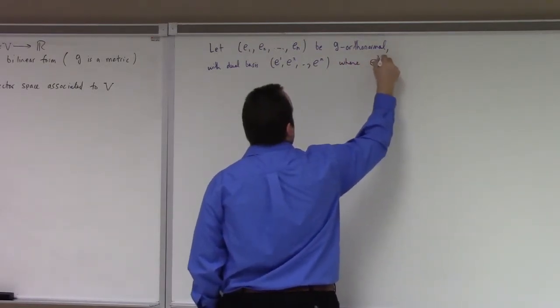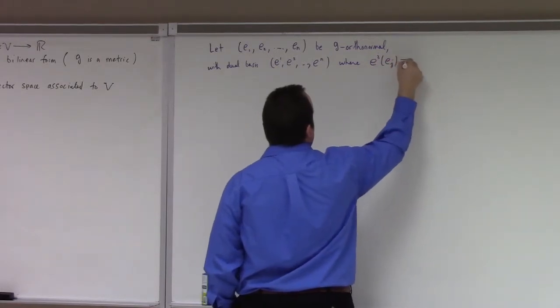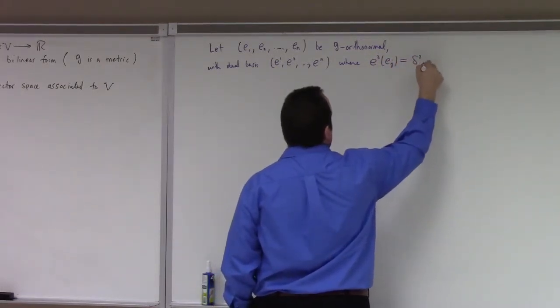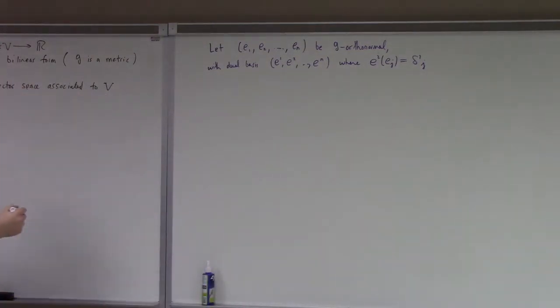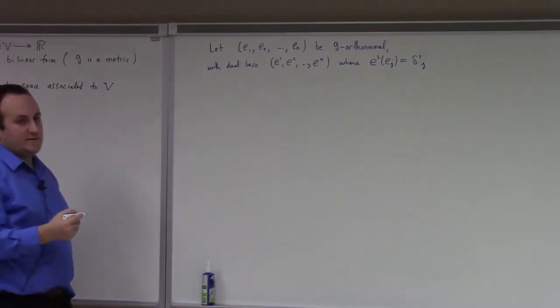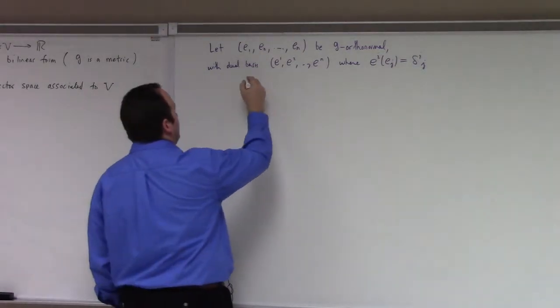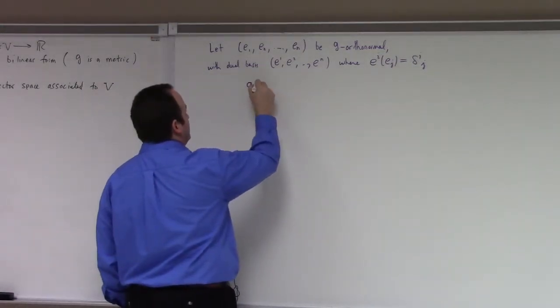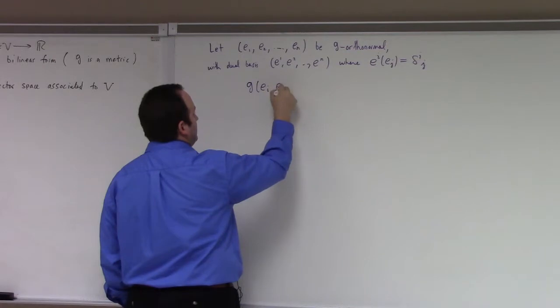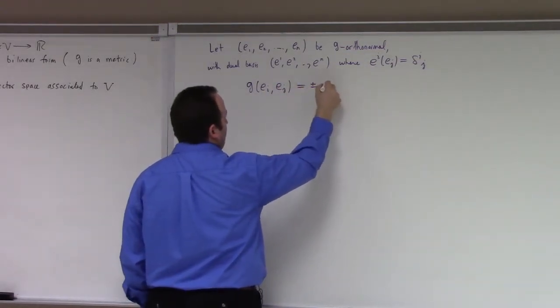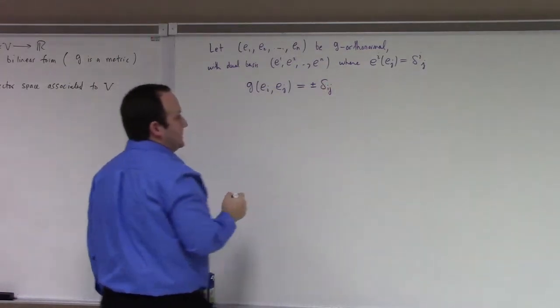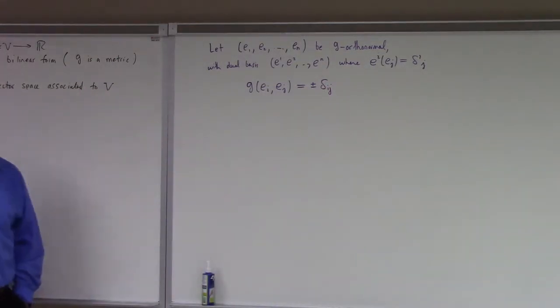E upper I eating E lower j is Kronecker delta ij, right? Now G orthonormal does not mean that you might be tempted to think this is Kronecker delta ij, but that's not quite right. It's plus or minus Kronecker delta ij. That's what's meant by G orthonormal.